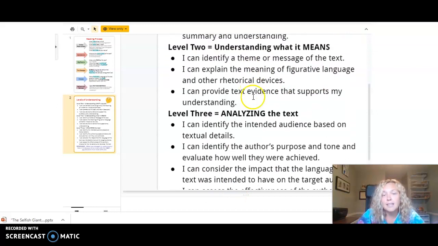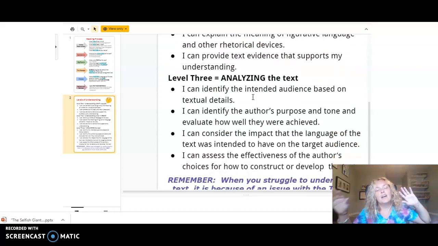But if you really want to nail it, if you want to really prove that you understand the text, you're getting to level 3 now. Can you identify the intended audience based on those textual details? Like what parts of the text show you that it's meant for that person? Can you identify the author's purpose and tone?